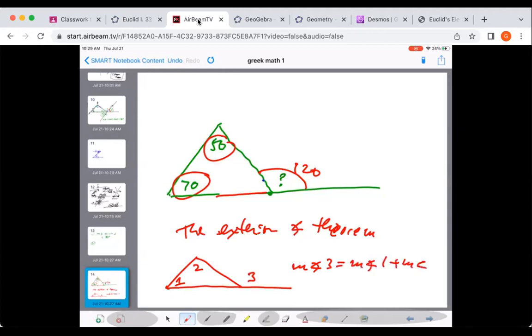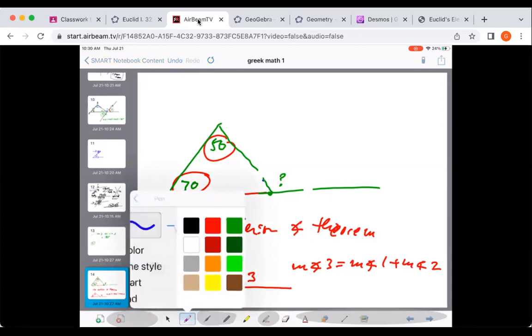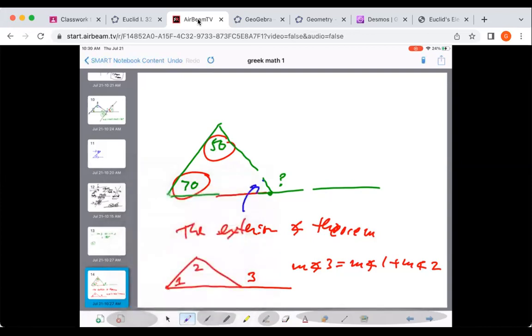Now you might say, well, I don't really need that theorem, because if I had this question, yes, I understand one way to do it is 50 plus 70, but maybe I forgot the theorem. So I could always get the answer by figuring out the 60-degree angle first. Well, yeah, that's true, if they're just asking to find the missing angle, it wouldn't matter if you knew the exterior angle theorem or not.